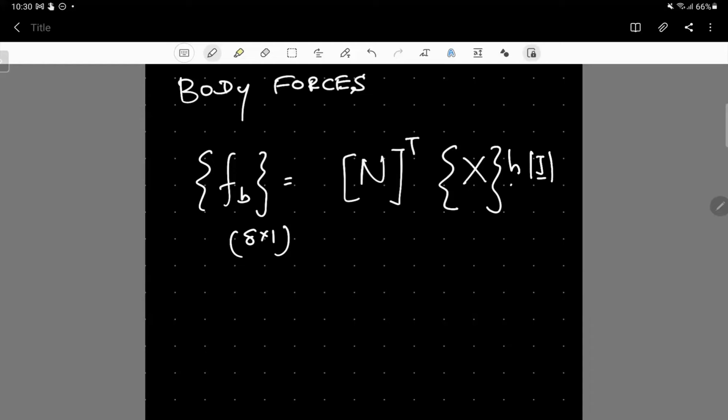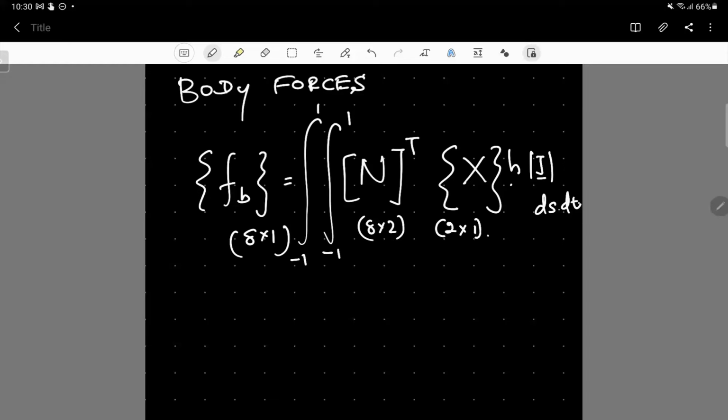For the transformation, you had to multiply with the Jacobian, ds times dt, and the integration is performed from -1 to 1 for s and -1 to 1 with respect to t. This is an 8x2 matrix, so for the multiplication, this should be a 2x1 matrix. Like the stiffness matrix, the body force matrix has to be evaluated by the numerical integration scheme.